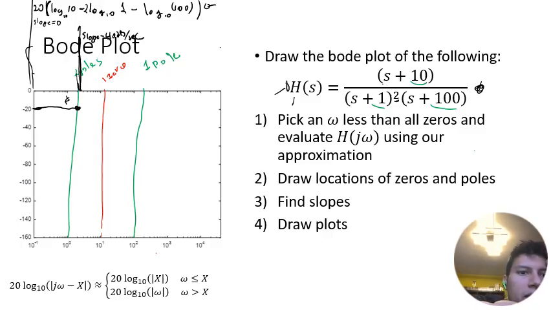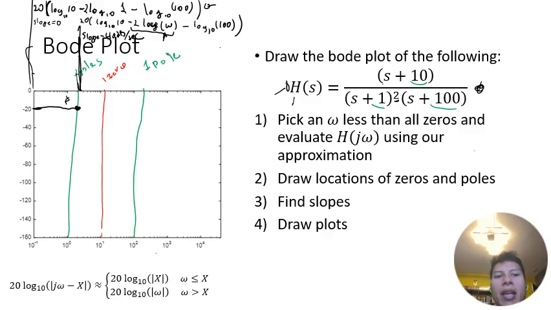Looking at how our expression is modified, now we have 20 log base 10 of 10 minus 2 log base 10 of omega minus log base 10 of 100. 2 times 20 becomes negative 40, and that's where we pick up the slope of negative 40. So this falls by 40 per factor of 10. And then here we pick up a 0, so our slope gets modified to negative 20. So it should go here.